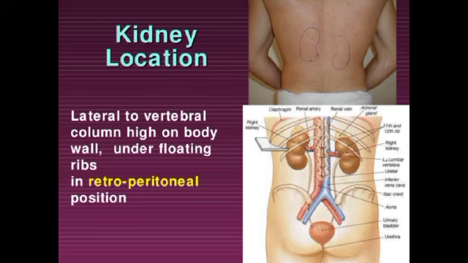When you hear the term floating ribs, we are talking about the ribs that do not touch the sternum. They are attached to the vertebral column, but they are not attached to the sternum bone. These are the floating ribs.